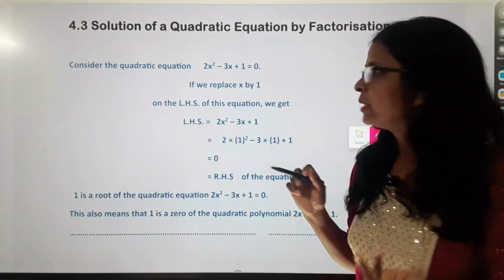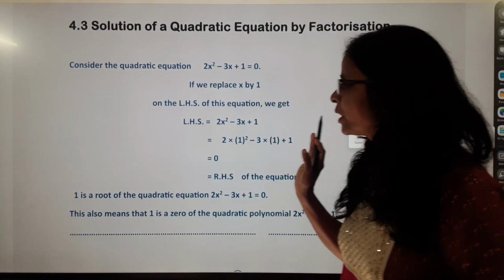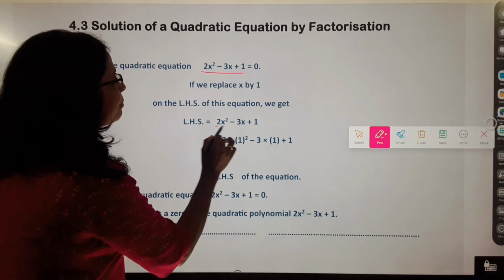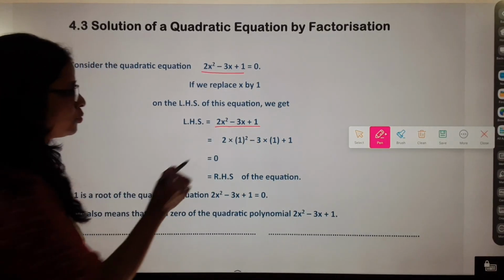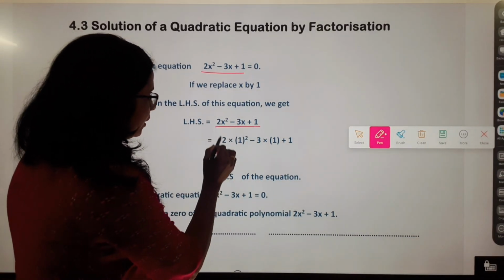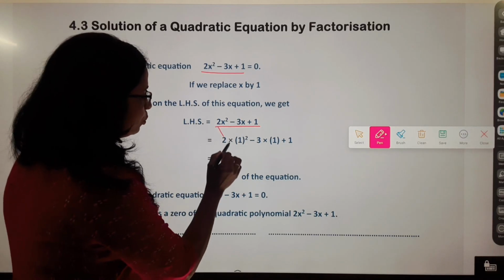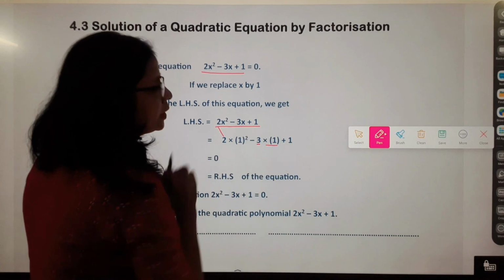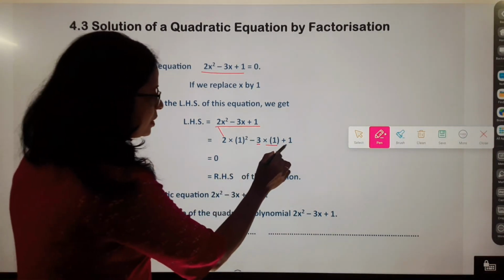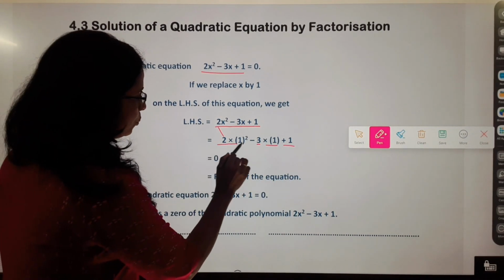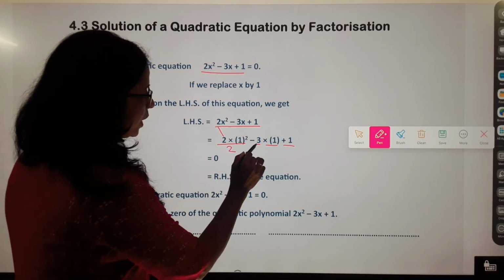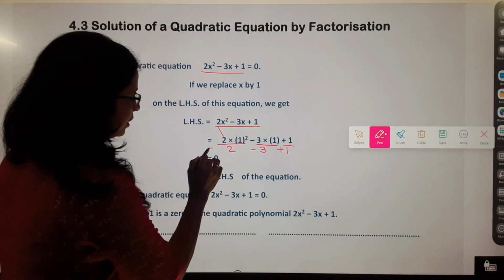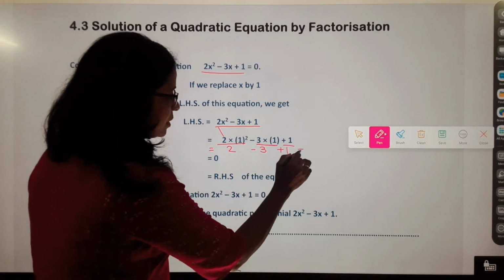Suppose if we replace x by 1, then LHS, here LHS is 2x square minus 3x plus 1. So here by replacing, in this equation we get 2 multiplied square of 1 minus 3 into 1 plus 1. So here 2 multiply 1, that is 2, minus 3 plus 1, that means 3 minus 3.